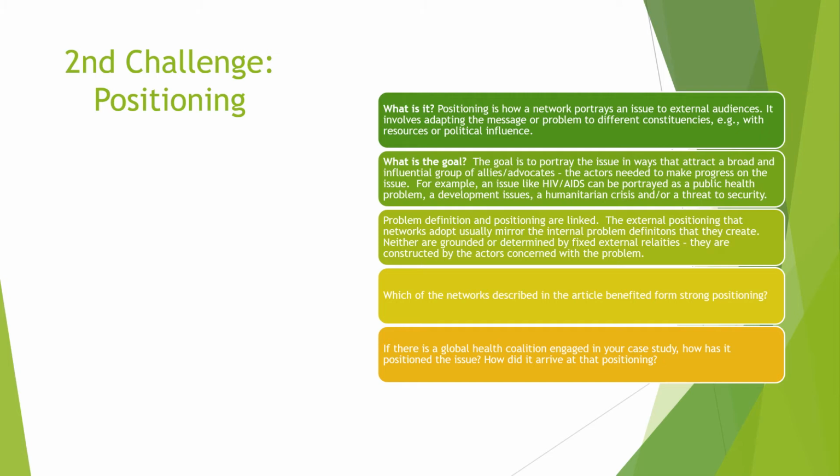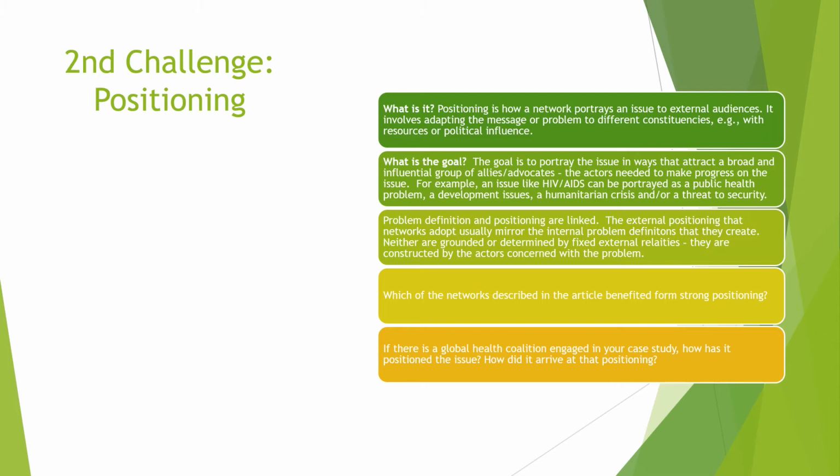Problem definition and positioning are linked. The external positioning that networks adopt usually mirror the internal problem definitions that they create. Neither are grounded or determined by fixed external realities. They are constructed by the actors concerned with the problem. This is extremely important.